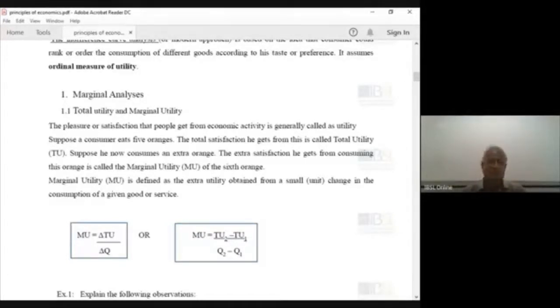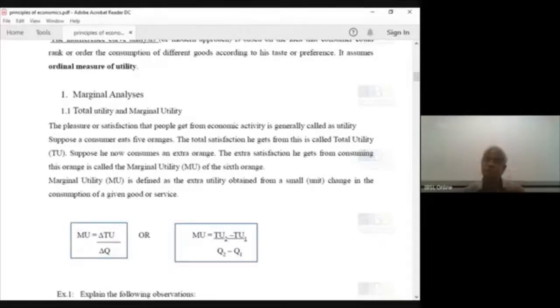For example, let's assume the first 5 oranges gave him total satisfaction of 100 utils. When he eats the 6th orange, all 6 oranges give him 110 utils. Then the marginal utility of the 6th orange is 110 minus 100, that is 10.